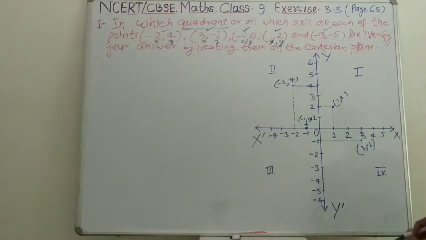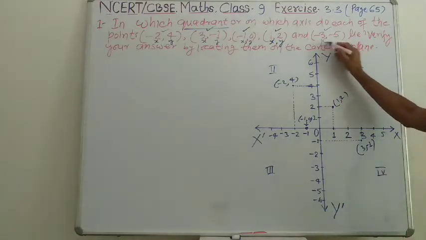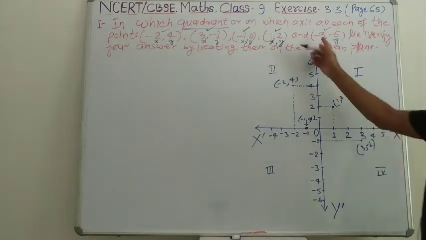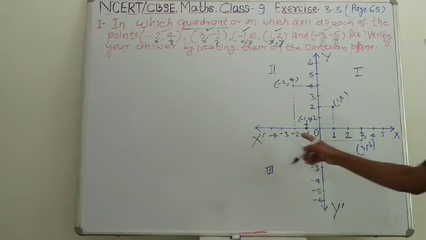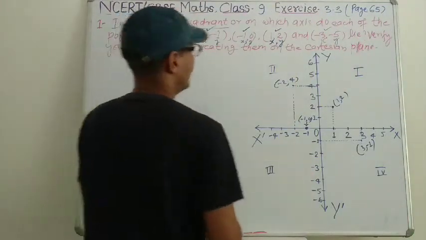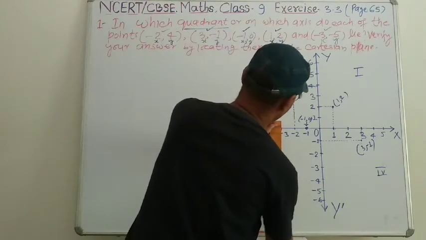Minus 3, minus 5. On the x axis minus 3, then y. See, on the x axis minus 3 is found here, and y is minus 5. Plus 5 goes up and minus 5 comes down. So where is minus 5?